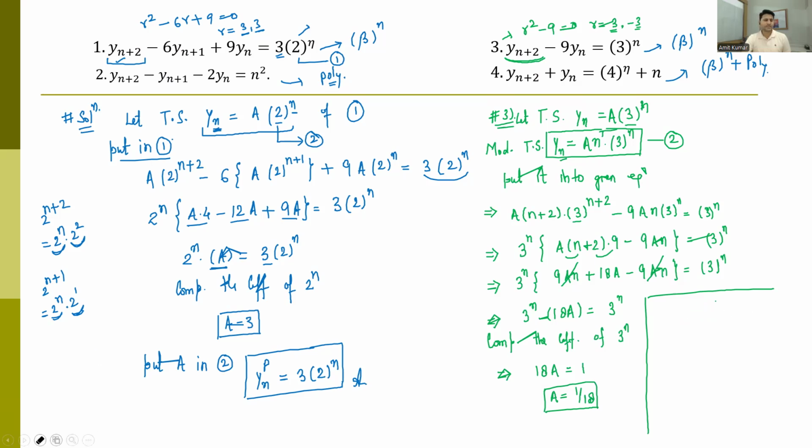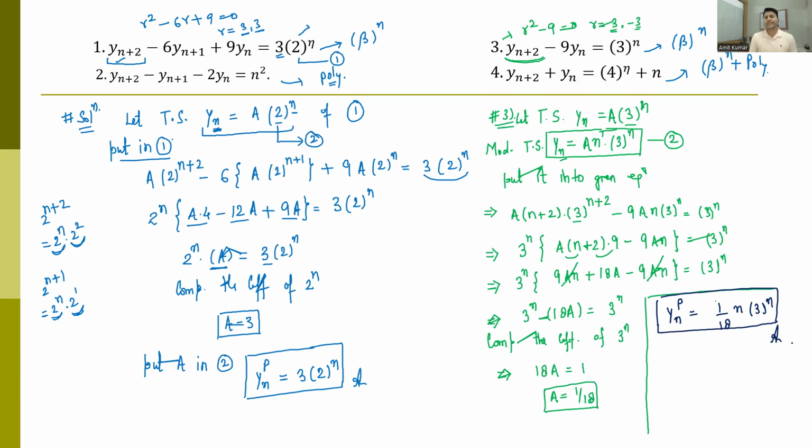And how much does it come out to be? Let us see. When I put a in the second, your y(n) particular solution is equal to, in place of a, 1 upon 18 into n into 3 to the power n. This is the final particular solution for example number 2.